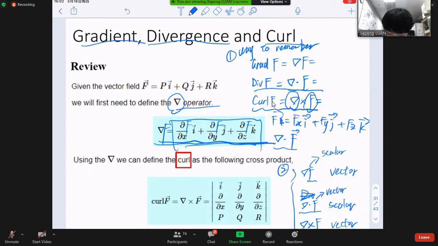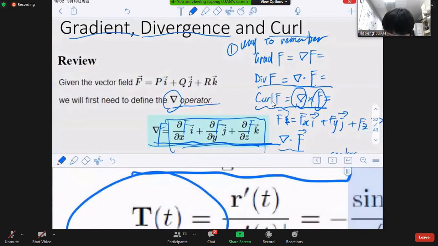And if you write something like this, this is also a vector. Okay, so the gradient of a scalar is a vector, the divergence of a vector is a scalar, and the curl of a vector is a vector.